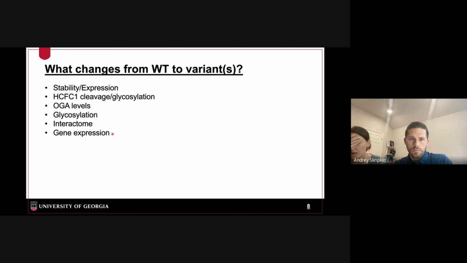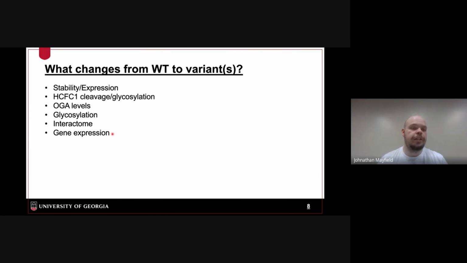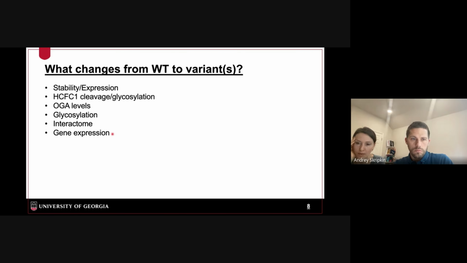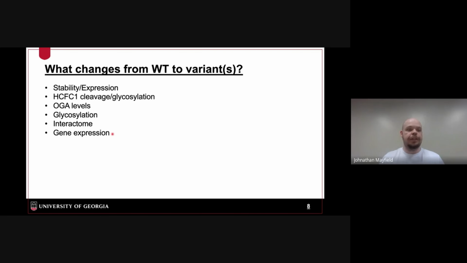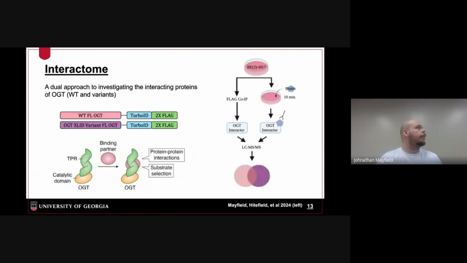I'm not sure I understand it, but the mutation in the OGT gene alters some other genes? Yes. OGT, in modifying other proteins, some of those proteins are responsible for what genes get expressed. For example, this HCFC1, its job is to regulate and tell the cell which genes need to be expressed when. And the amount of O-GlcNAc on there can change depending on whether it's a mutation or not.